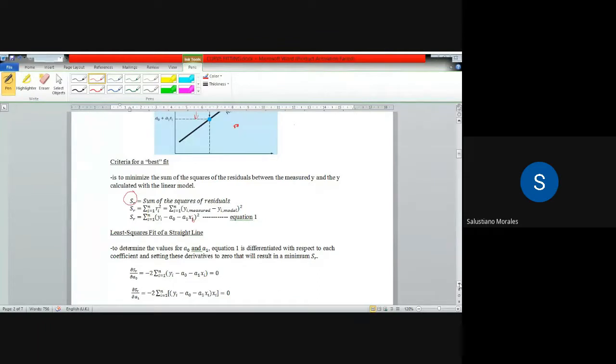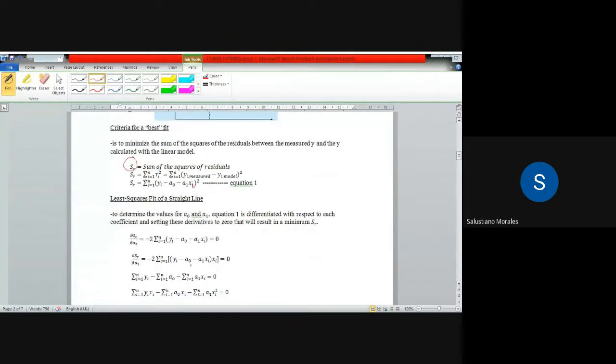So if we do that, we have now this resulting equation. So first one here is the partial derivative of SR. So we know now the symbol for partial derivative looks like this. SR with respect to a0, and this should be set to 0 for minimum. So if we differentiate that one, based from the formula for differential calculus, we use the power formula.